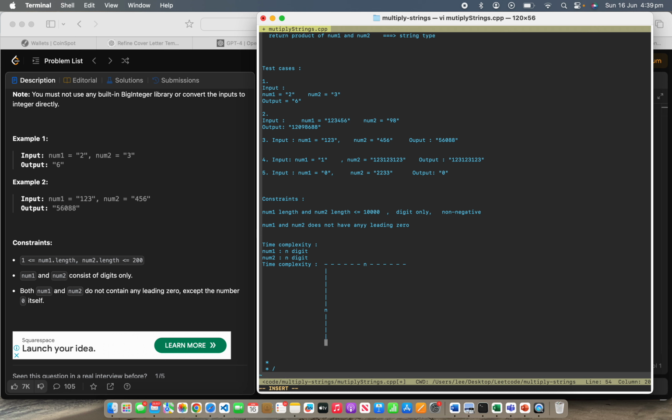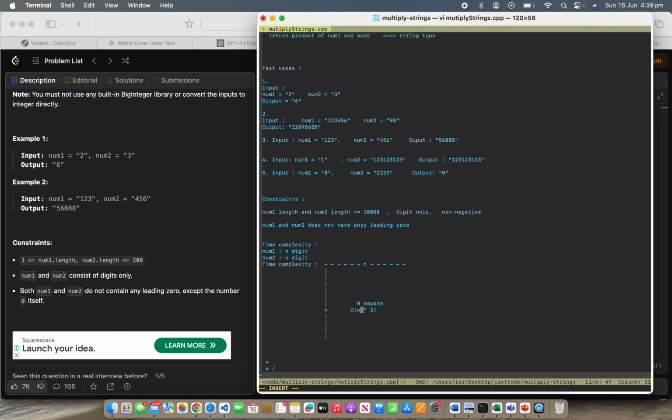So this will take n times n, which is n square. So the time complexity for the basic method should be O(n square).